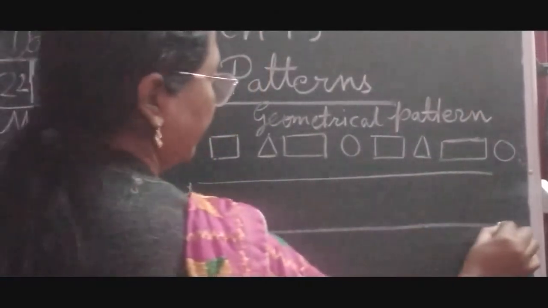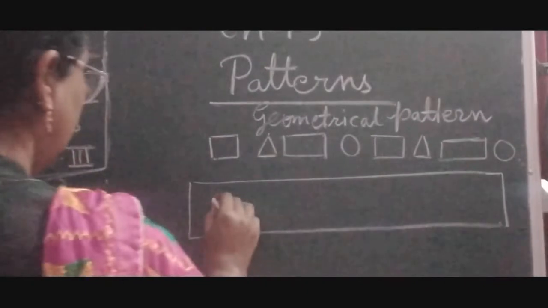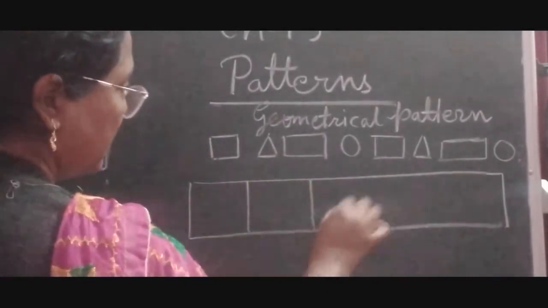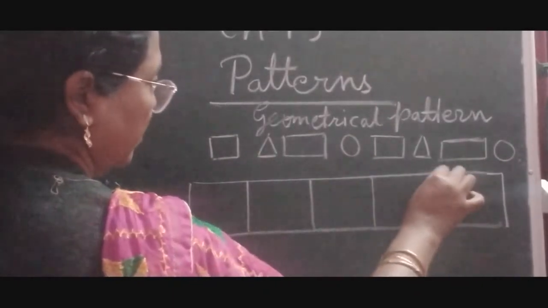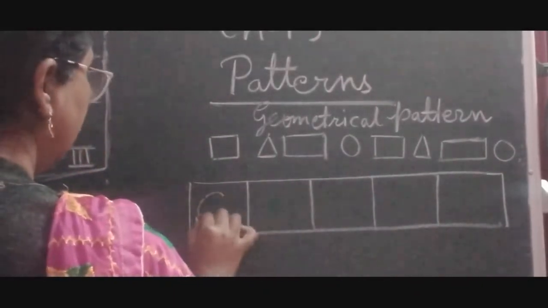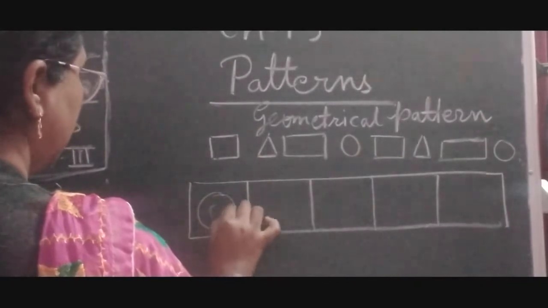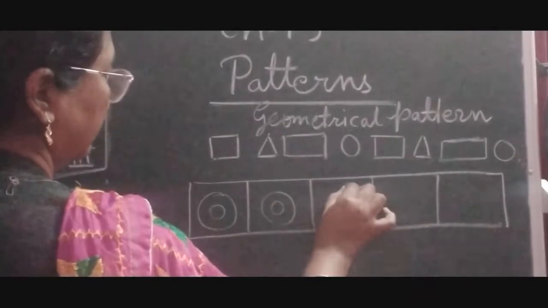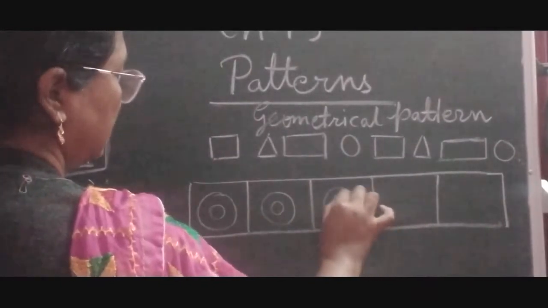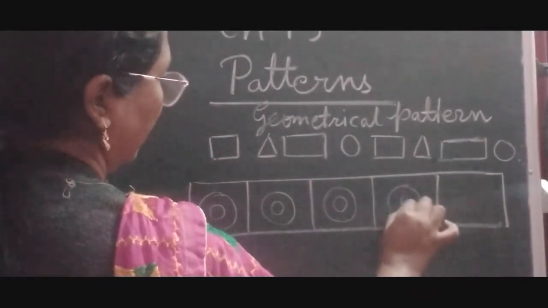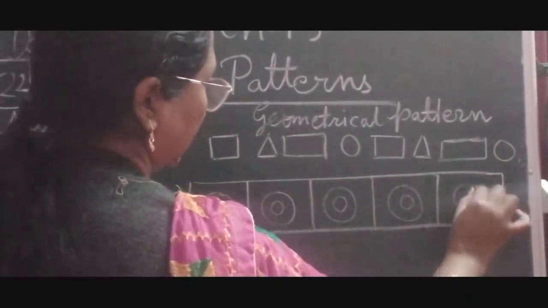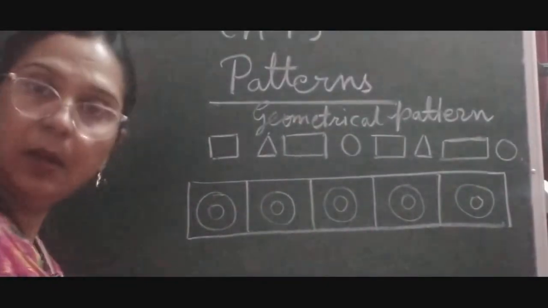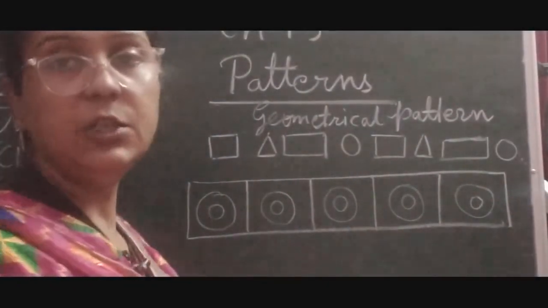Suppose this is the border and we have to create similar boxes, and in each we can make a circle, and inside it a small circle. This is the way we can create a border. A similar pattern you can see in this line. This is called a geometrical pattern.